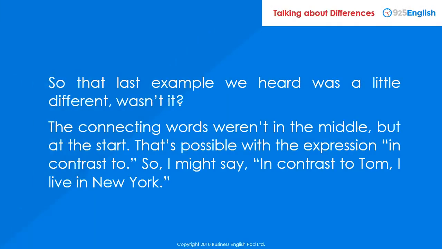So that last example we heard was a little different, wasn't it? The connecting words weren't in the middle, but at the start. That's possible with the expression in contrast to. So I might say, in contrast to Tom, I live in New York.